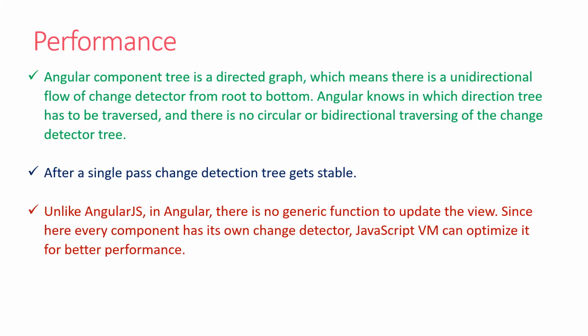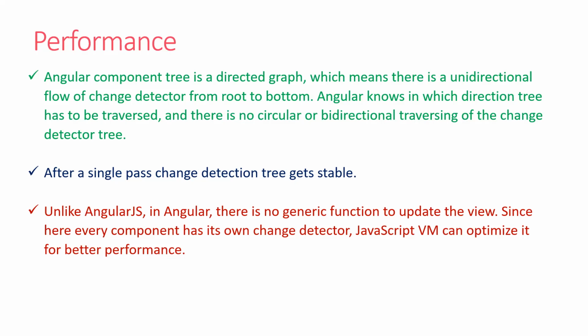And traversing a directed graph is much better in performance than traversing an undirected graph. If you go back to your engineering or MCA or BCA, you may have learned in data structures that traversing a directed graph performs much better than traversing a non-directed graph. So the Angular component tree is a directed graph, which means there is a unidirectional flow of change detector from root to bottom.